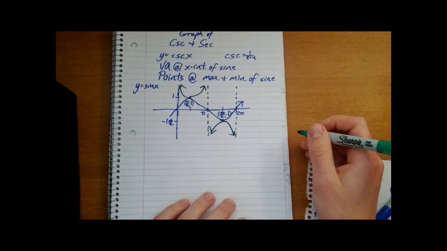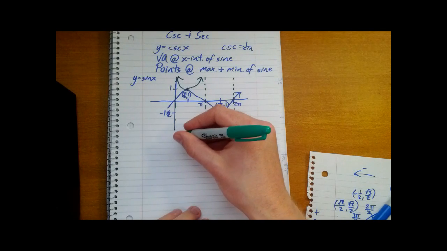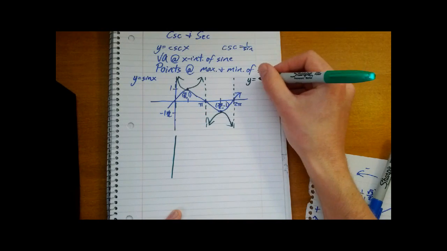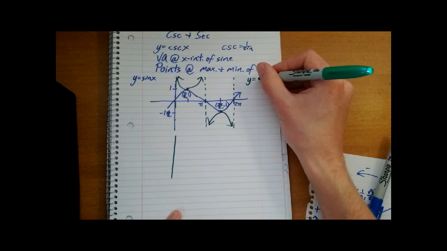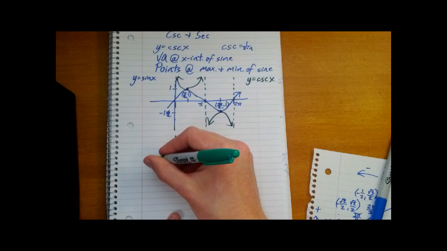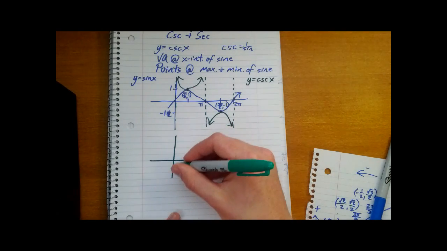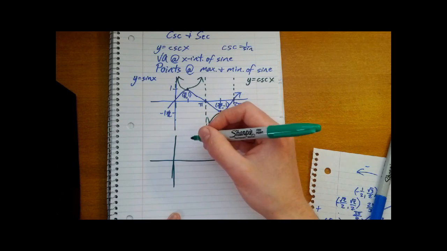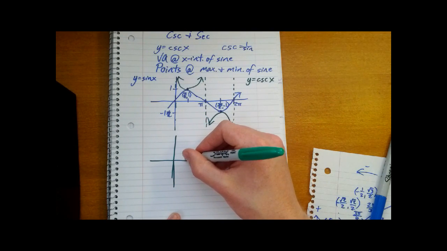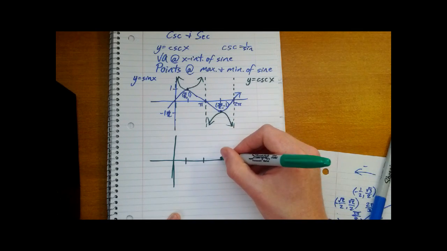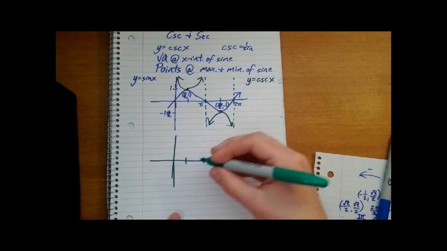So let me do it again without sine so that you will understand. Y equals cosecant x, just plain old y equals cosecant of x. Divide it up into pi over 2, pi, 3 pi over 2, 2 pi.